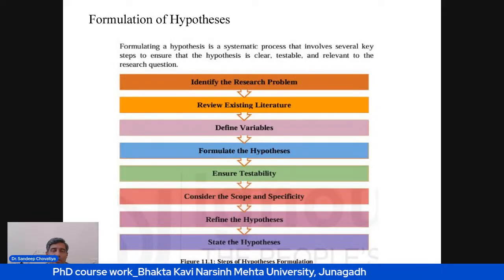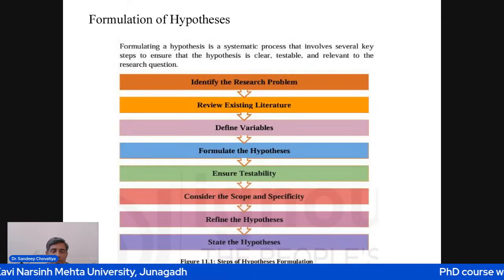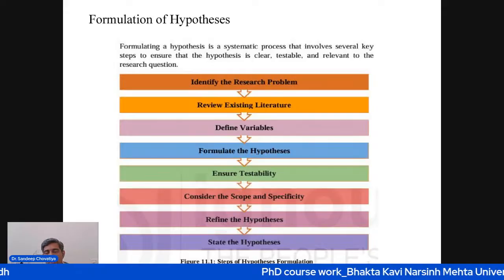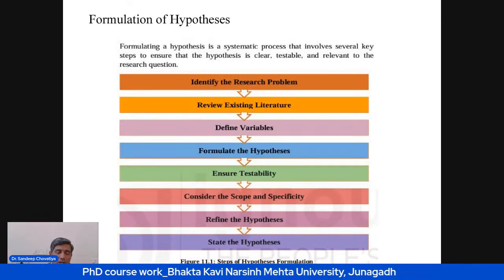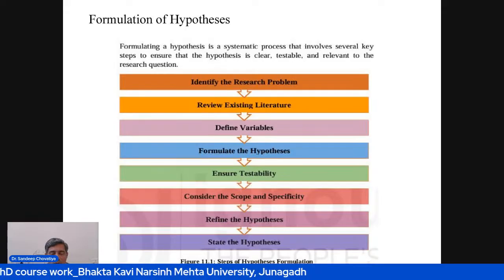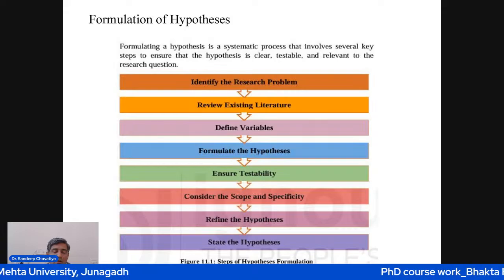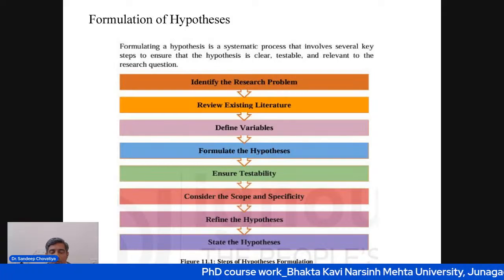According to that, we go for the review of literature which exists with us. For example, in Junagadh in the year 2020, there were five industries surrounding the Gir National Sanctuary or National Park. Now, in the year 2025, the industries there may be 50.